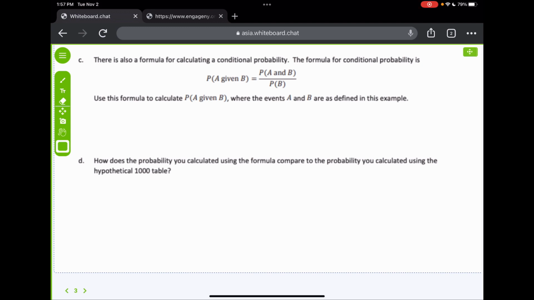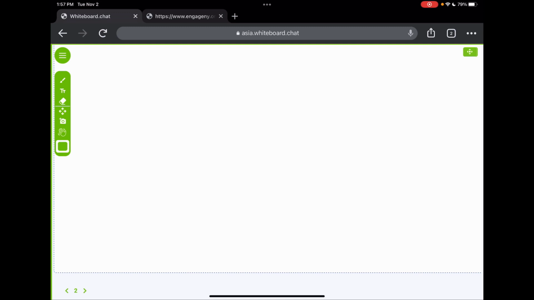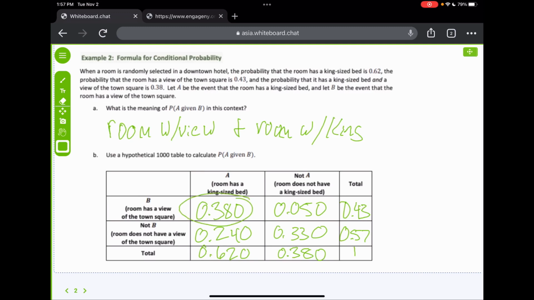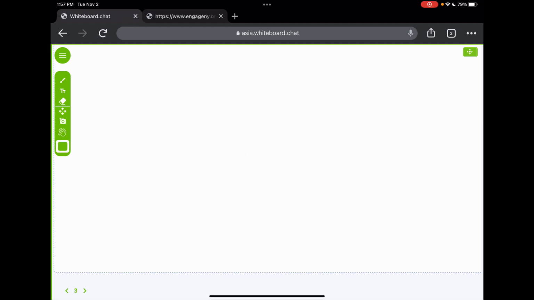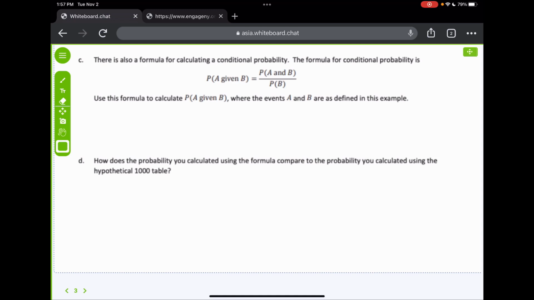Well, A and B, if we go back, is 0.380. B is here, and the total of that is 0.430. So that's what we're going to calculate. We're going to say 0.380 divided by 0.430, and that is 0.884.